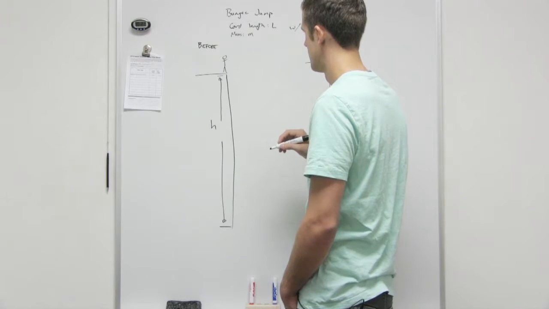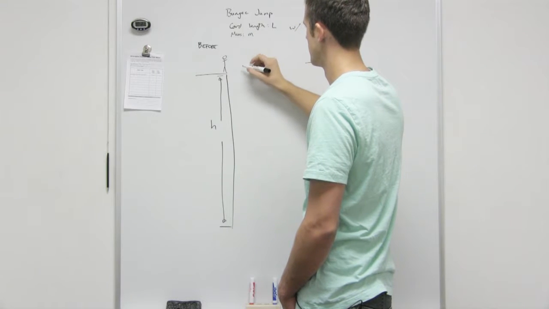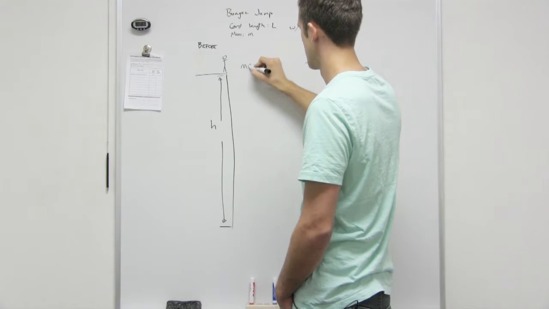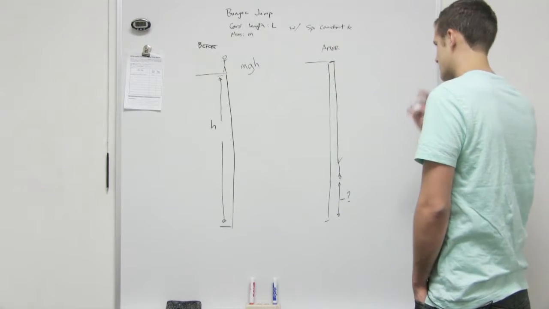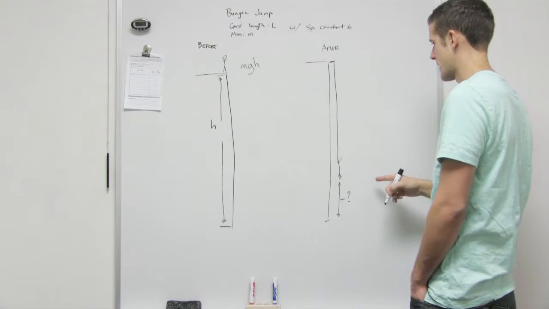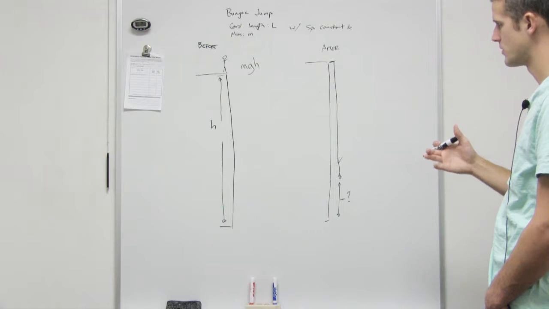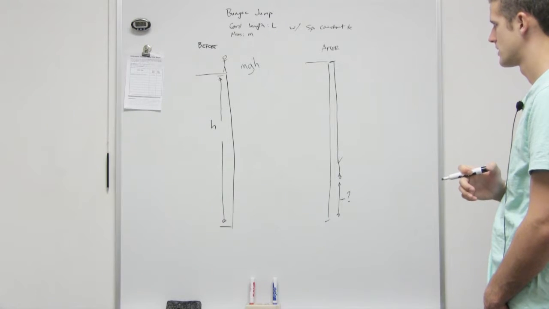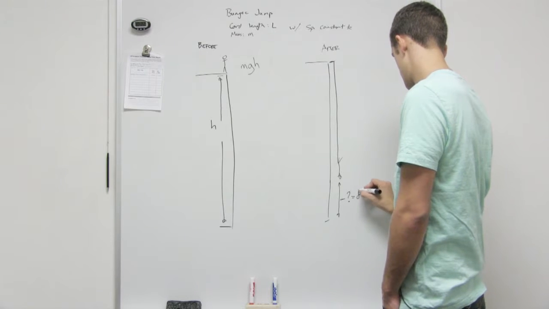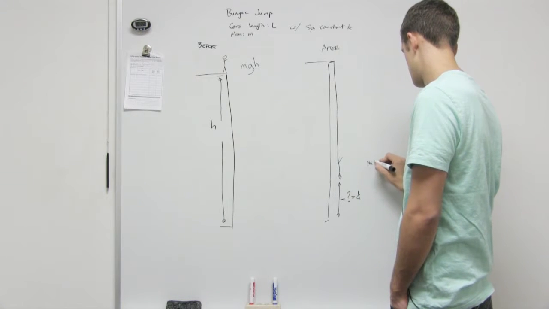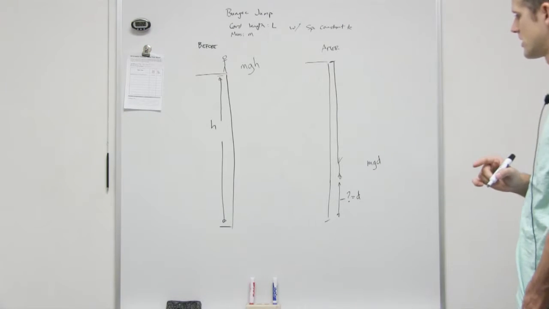It's mg times the height, right? And then what kind of energy does she have when she's down here? She's just hanging there, she's not moving anymore. This is mgh. So let's call this d: mg, and then her height will be this new distance d, which is what we're trying to find, right?